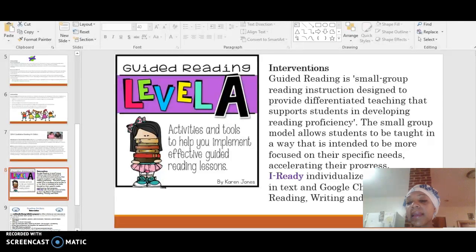With iReady, as I mentioned before, we use it as a part of our guided reading. It is used in guided reading, and it is also used throughout the week, weekly, daily. Students have to receive 30 minutes of iReady per day, 5 days a week.